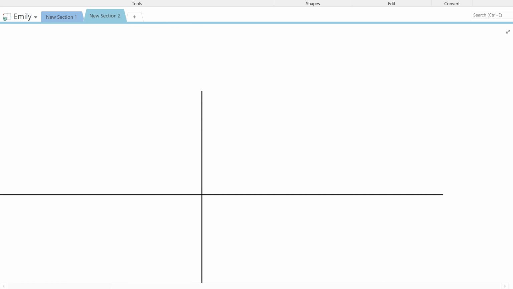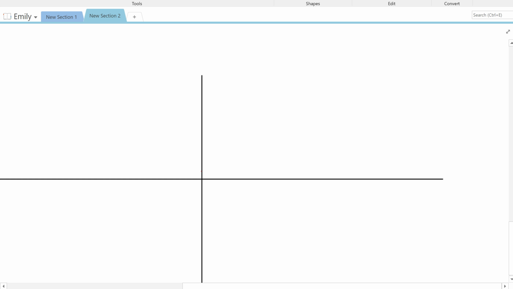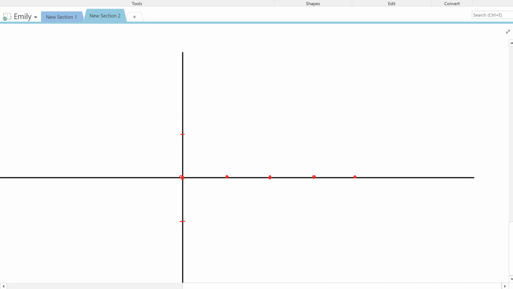I know what a cosine graph looks like and a sine graph looks like. Sine starts there and cos starts there, right? So what we do is write down a couple of points like 90, 180, 270, 360. Let's do sine first.